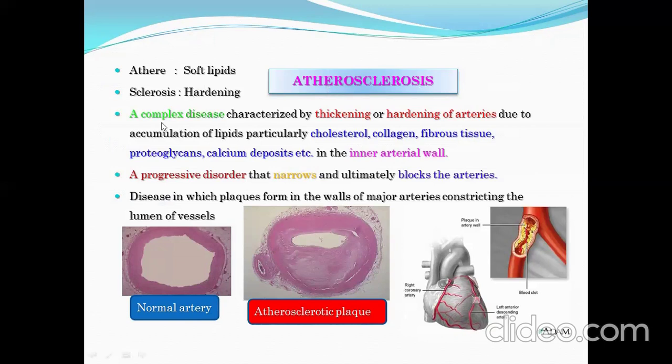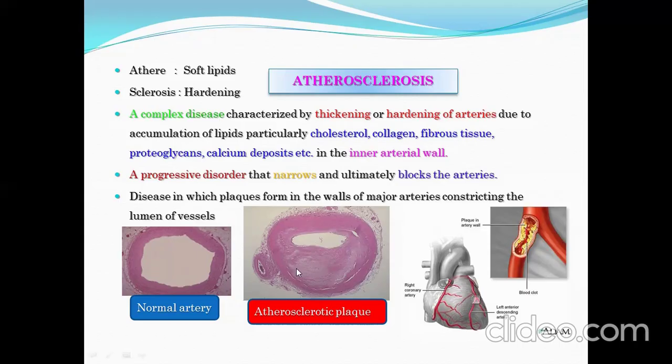So it is a complex disease characterized by thickening or hardening of the artery due to accumulation of lipids, particularly cholesterol, collagen, and fibrous tissue, proteoglycans, calcium deposit, into the inner arterial wall. And finally, due to that, the vessel is going to narrow.